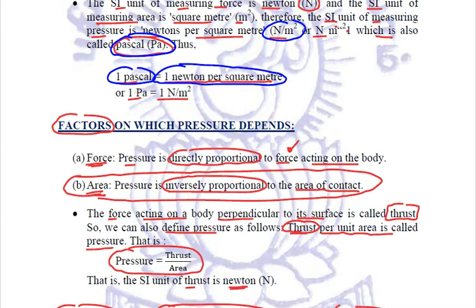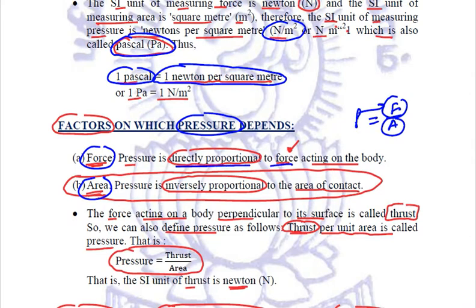Next, there are two factors on which pressure depends because pressure is equal to force upon area. So it depends on these two factors. First is force, second is area. How? Pressure is directly proportional to the force and pressure is inversely proportional to the area of contact.